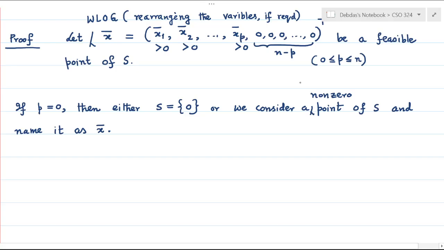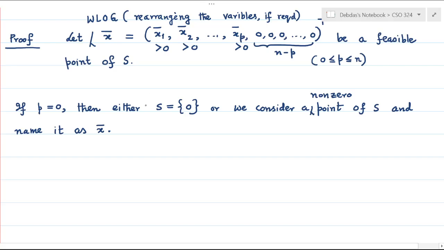So without loss of generality, we can assume p is greater than or equal to 1, right? So at least one component is non-zero at x bar. If p equals 0, then either S is equal to the singleton set {0}, or otherwise S is not the singleton set {0}.